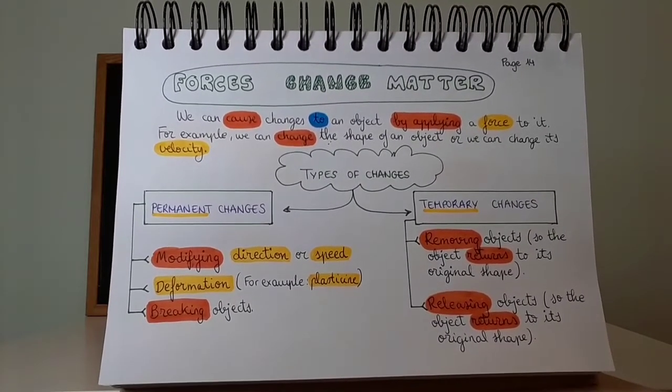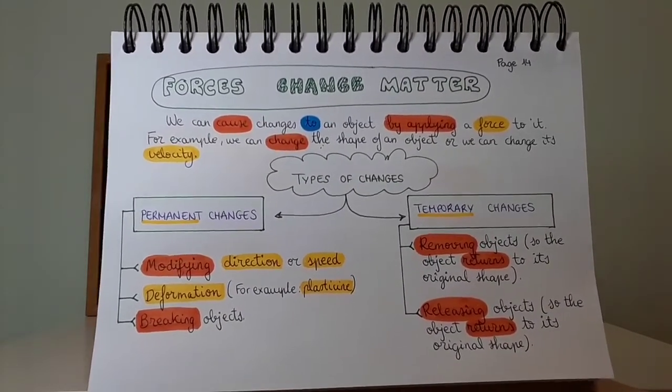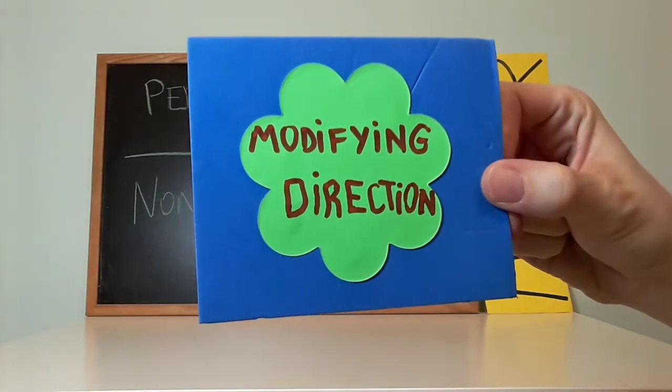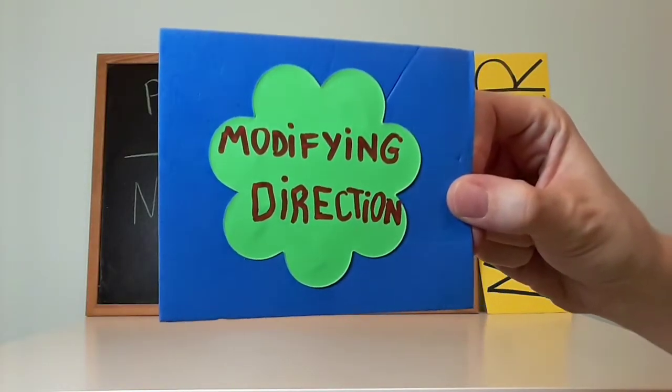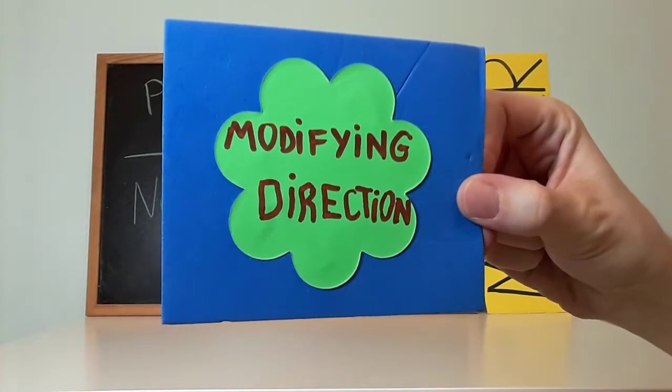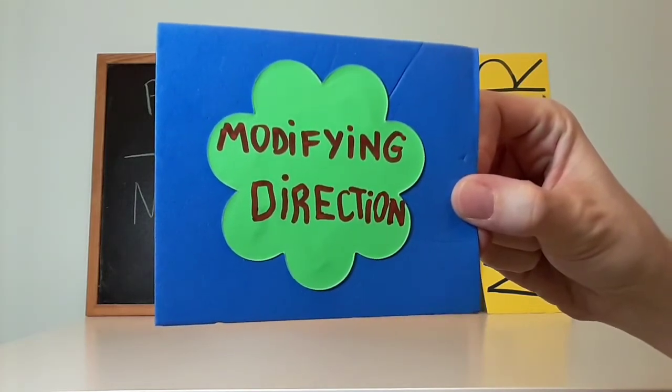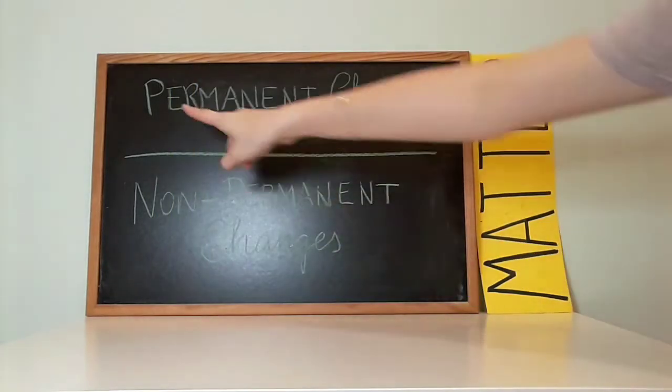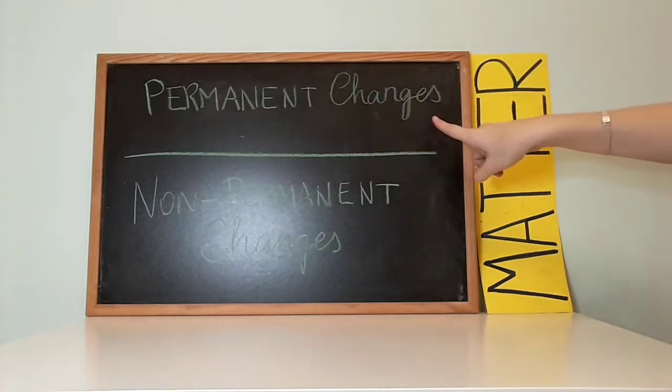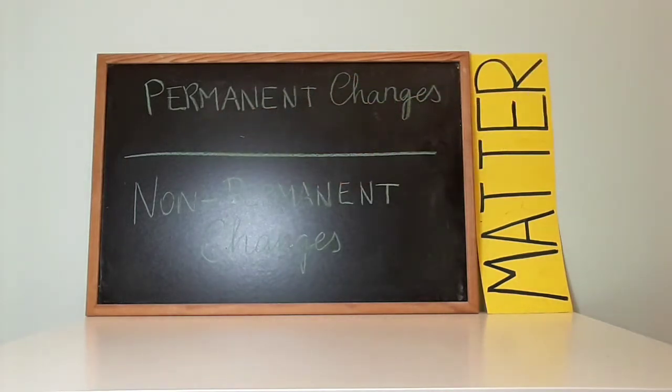Let me show you some examples. Modifying direction. In permanent changes, sometimes a force can cause a permanent change that modifies the direction.